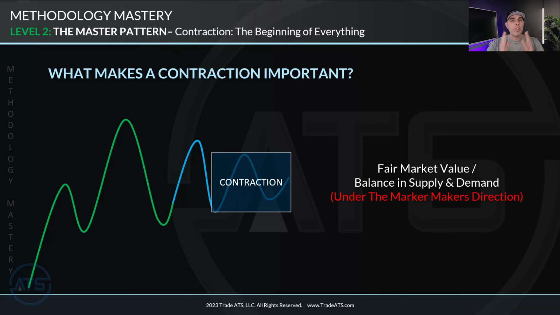Now, you would think that's the way it is, but in fact, there is another piece at play here because the contraction is assembled under the market maker's direction. Why? Because the market makers control supply. So even if there is a difference in the opinion between buyers and sellers of, let's say, retail traders or your normal regular trader trading his own account, the market makers can mask that information and artificially hold the market in a sideways pattern.